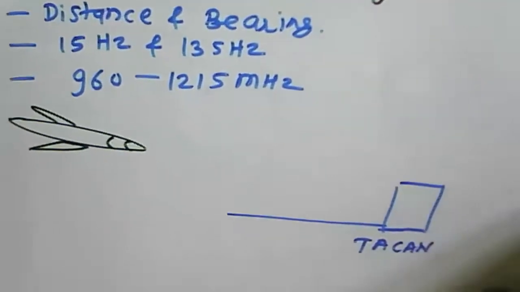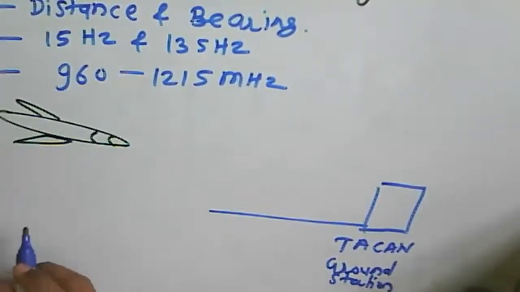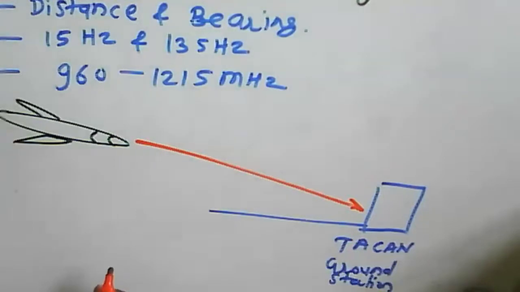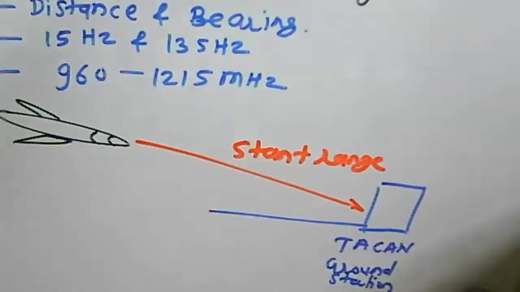Now, from the signal of this ground station, this is the slant range, from the ground station towards the aircraft, and then the magnetic bearing of the aircraft here.